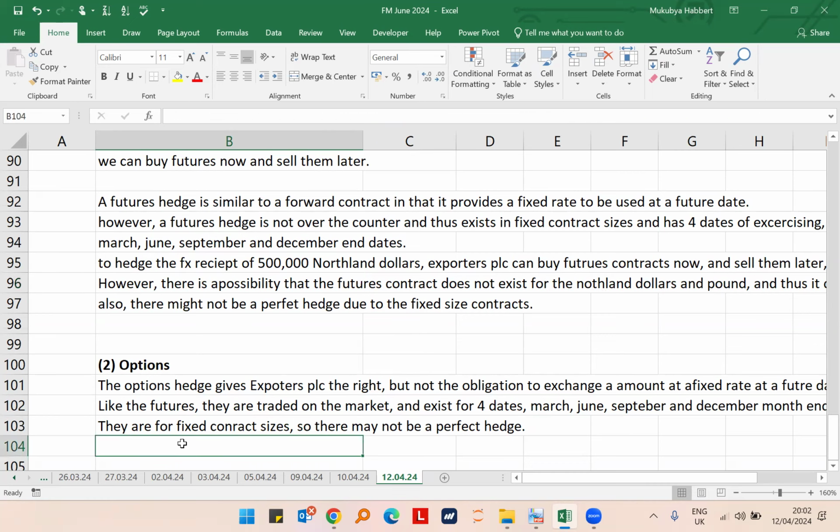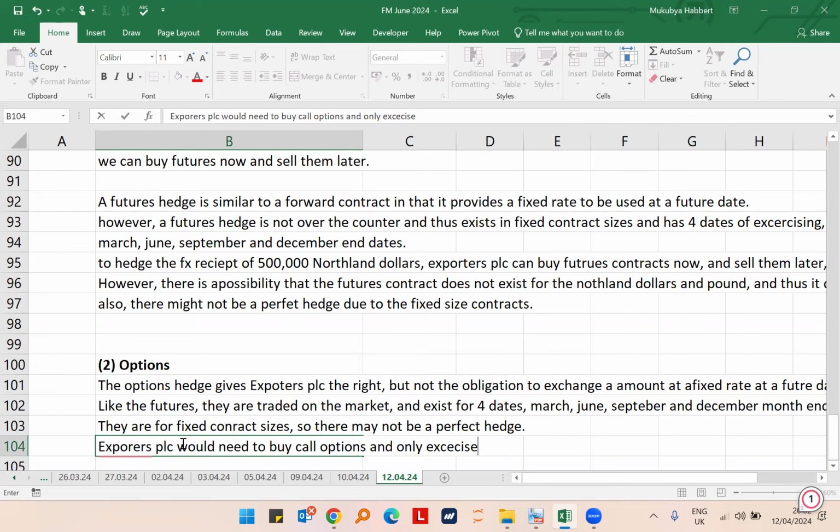So in this case, Exporters PLC need to buy call options and only exercise them if the FX rate increases beyond the exercise price of the option, but don't have to exercise if the FX rate falls.